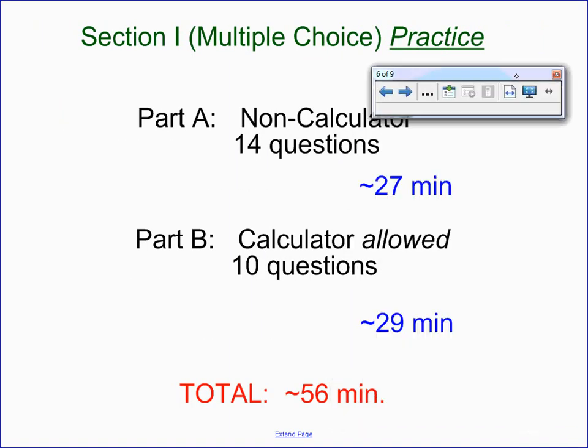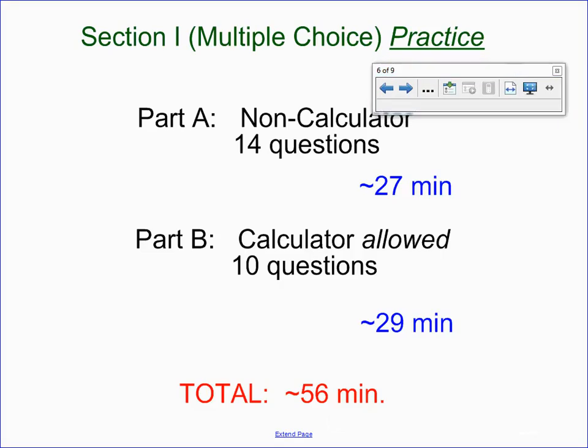All right, today's practice test is multiple choice part A. Non-calculator, it's the blue one, 14 questions. Everybody find it. It's the blue one, not test W. It's the one that says Calculus AB Part A in double underline. You may not use a calculator on this portion of the exam. There are 14 questions, so today we're going to use a writing utensil and go for about 27 minutes.